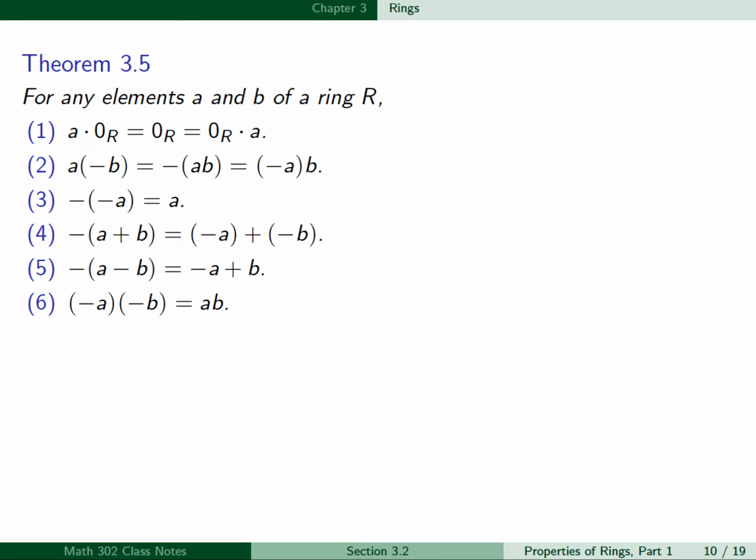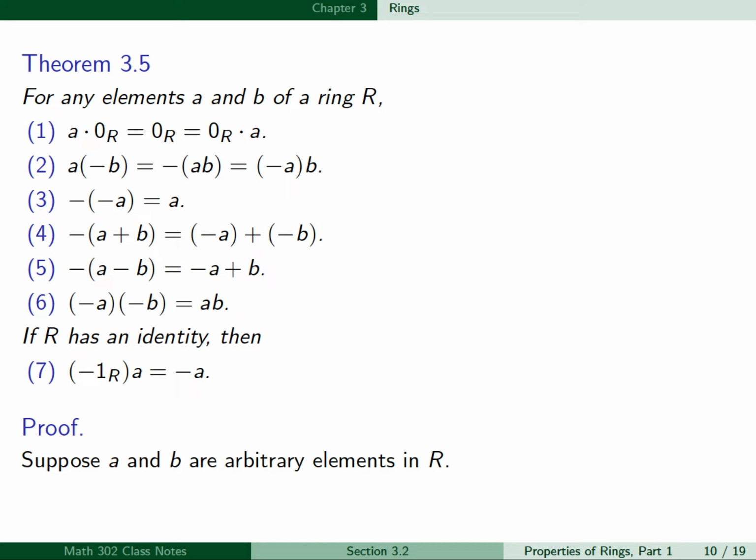So when you multiply two negatives together, they cancel one another out and you get a positive, is one way of thinking of it, although A and B don't necessarily have to be positive to begin with. And then 7 says if R has an identity, then minus 1 sub R times A is equal to minus A. So if the ring has a multiplicative identity 1 sub R, then minus 1 sub R times A is minus A, the additive inverse of A.